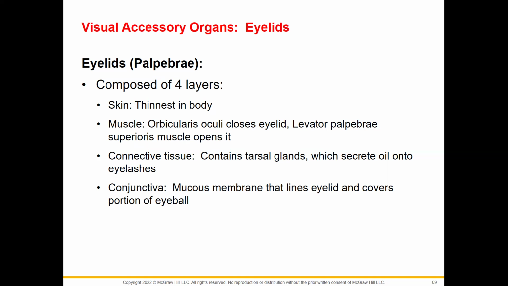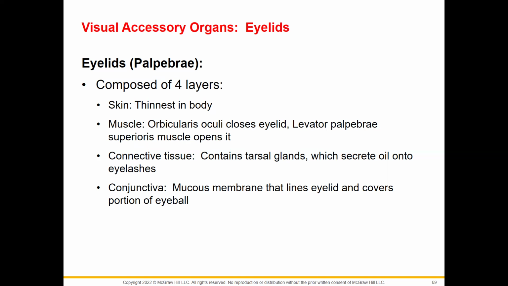So levator, elevate, palpebrae, eyelid, superioris at the top. So the levator palpebrae superioris is the muscle that opens the eyelid, whereas the orbicularis oculi closes the eyelid.